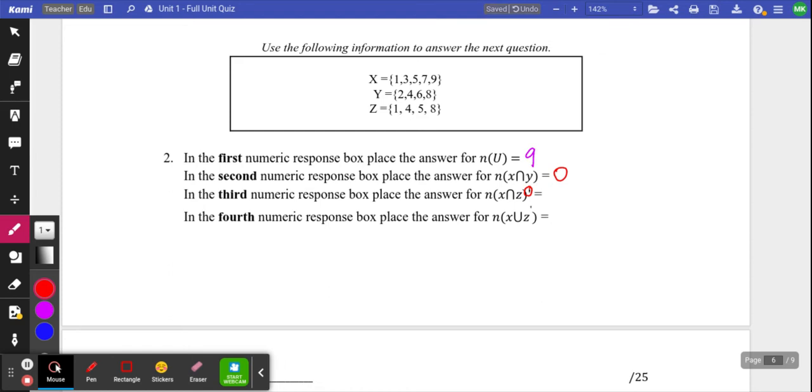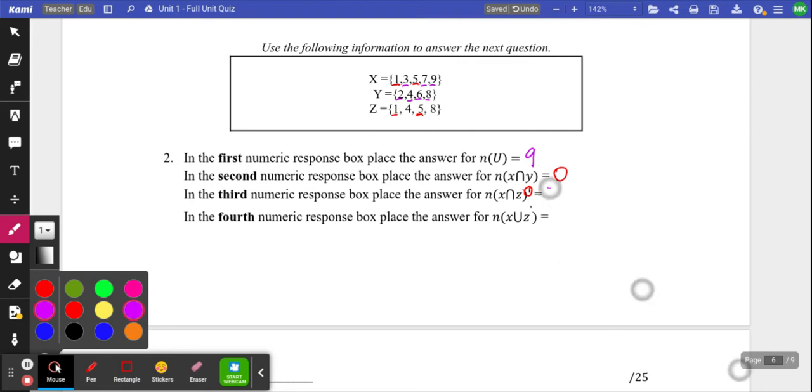Numbers that are in x and z would be 1 and 5. Those are the numbers that are in x and z. So numbers that are not in X and Z would be 2, 3, 4, 6, 7, 8, and 9. Meaning that there's 7 numbers that are not in X and Z.